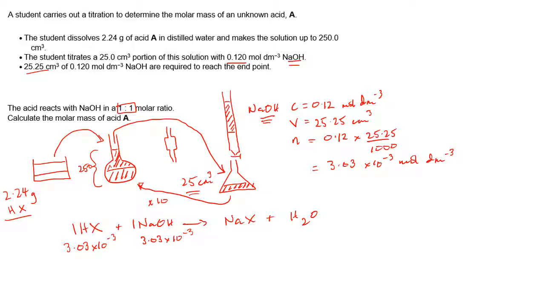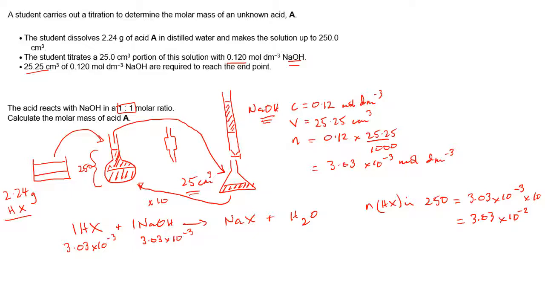So now we can say our moles of HX in 250 equals, I'll write this out fully, 3.03 times 10 to the minus 3 times 10, which equals 3.03 times 10 to the minus 2.